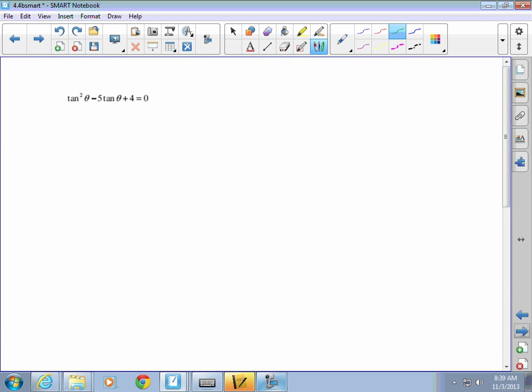Okay, last example. Tangent squared theta minus 5 tangent theta plus 4. I'm going to let v equal tangent theta. That means I have v squared minus 5v plus 4 is equal to 0. This is just product and sum.